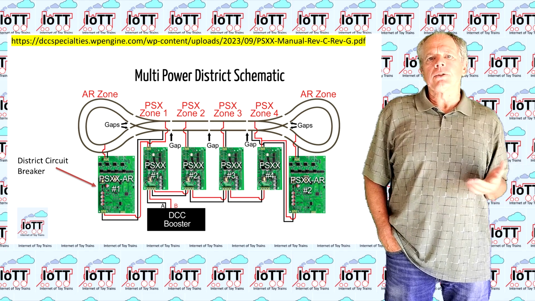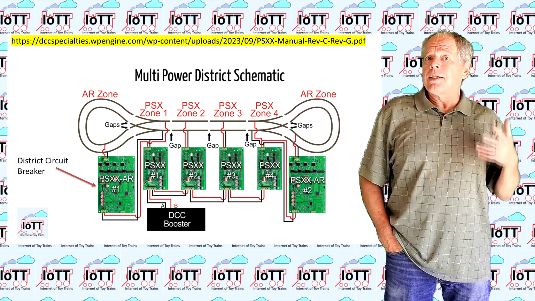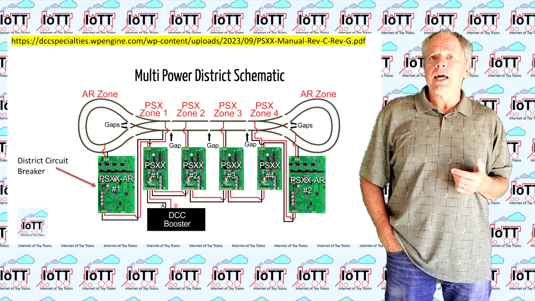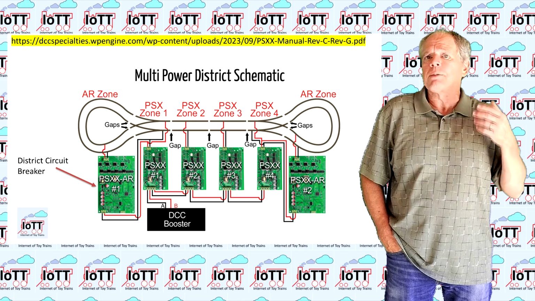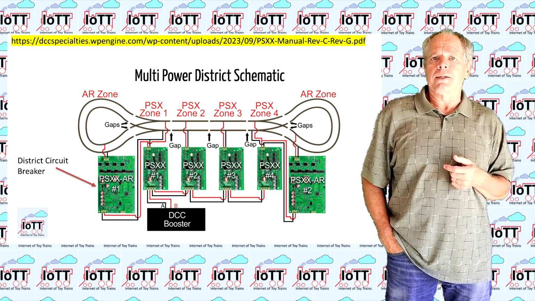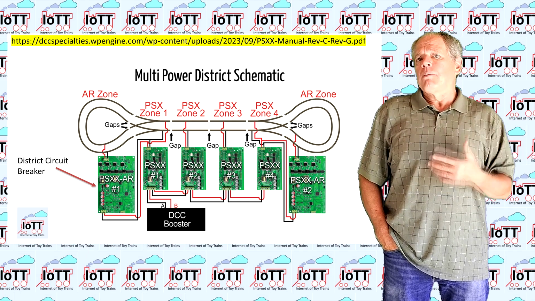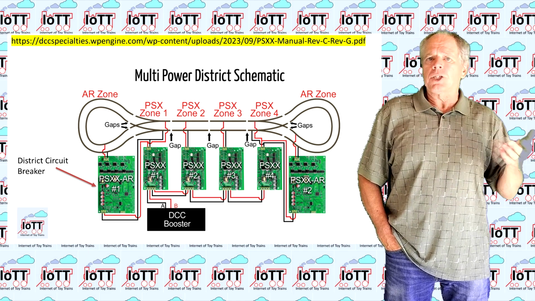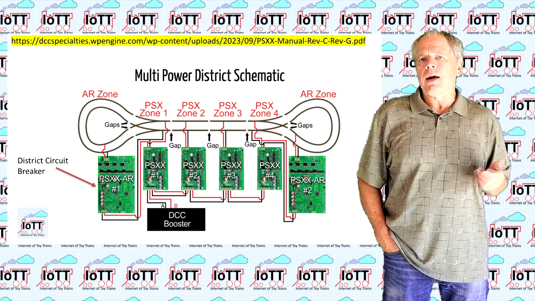The key criterion to make this work is that the section breakers react faster than the 100 milliseconds delay time of the command station or main booster, so say in 50 or 60 milliseconds, so that the booster protection does not get triggered. So it is not so much a question of the current limit, but more a question of reaction time. Personally, I have no experience yet with such devices.